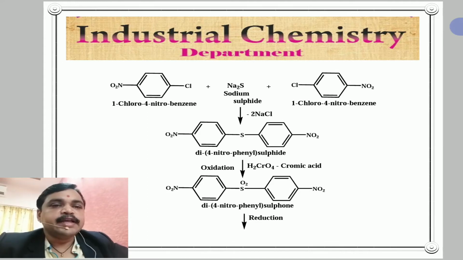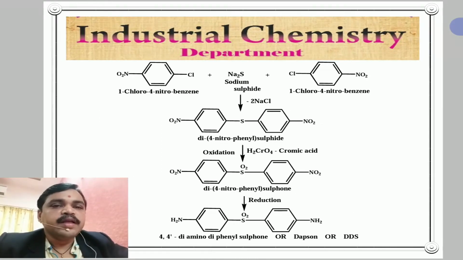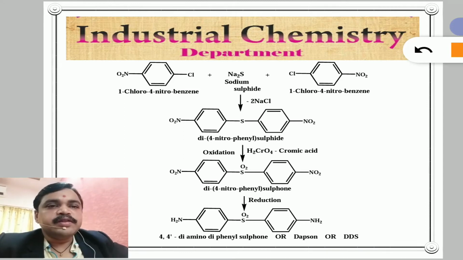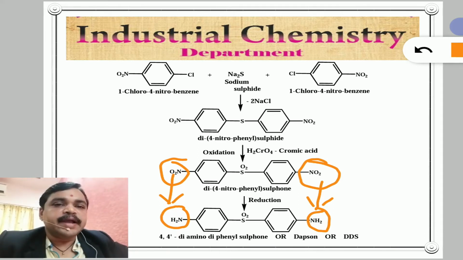Then this di-4-nitrophenyl sulfone undergoes a reduction unit process. In this reaction, we see there is an NO2 group, so this NO2 is converted into NH2. And our final product is 4,4-diamino diphenyl sulfone.